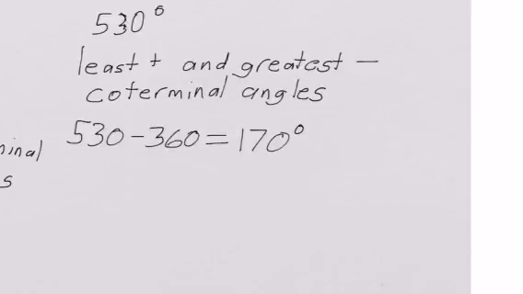I can now play this game again, take my new angle of 170 and subtract 360, and I get negative 190 degrees. So it turns out that the least positive coterminal angle is going to be 170 degrees.